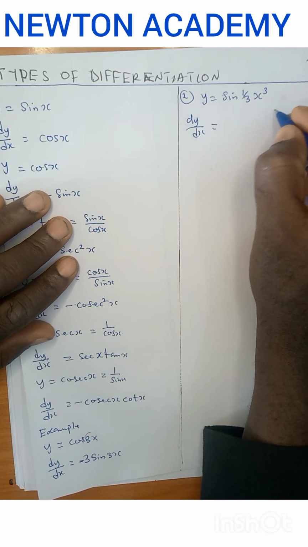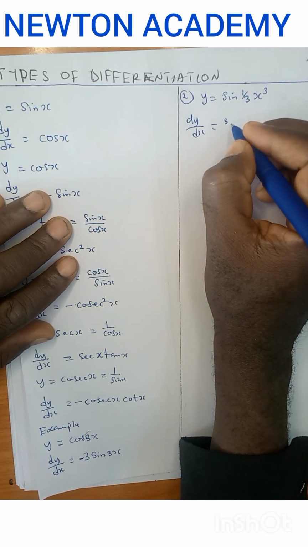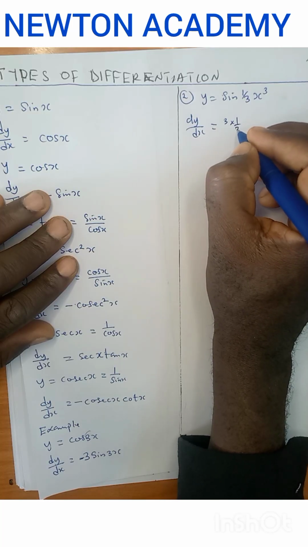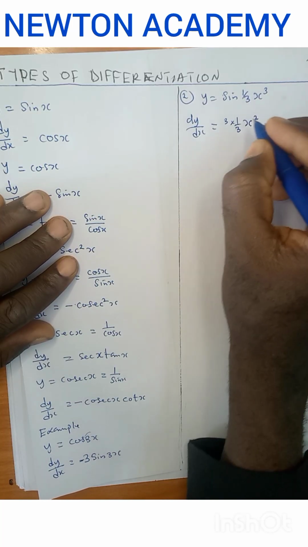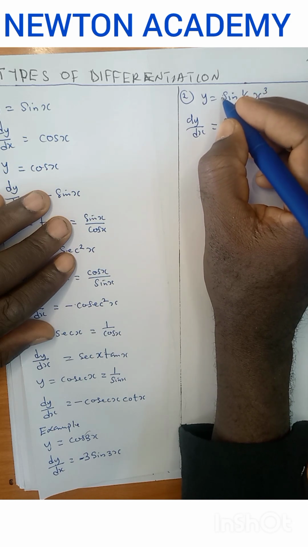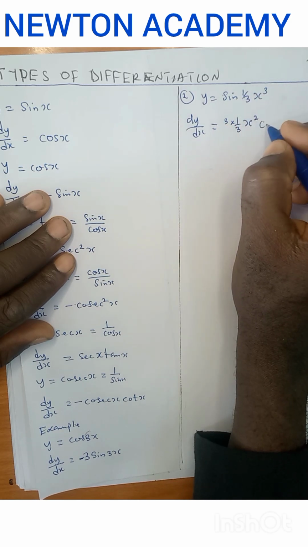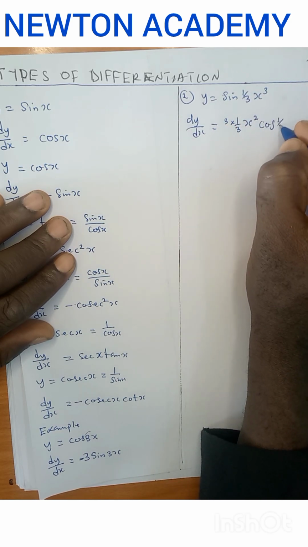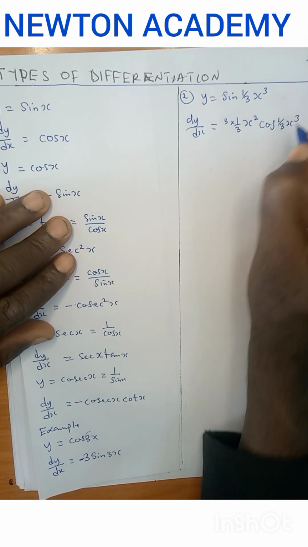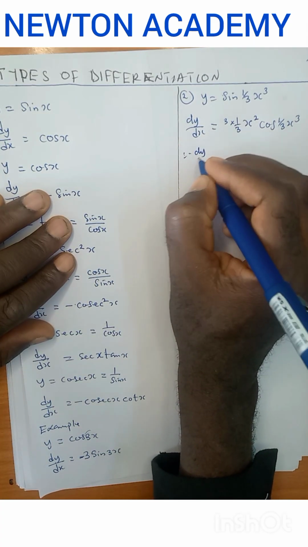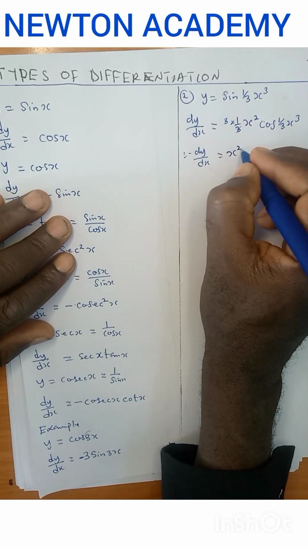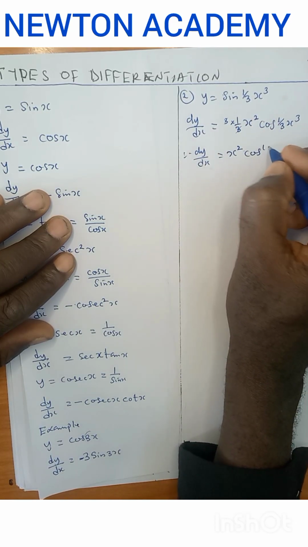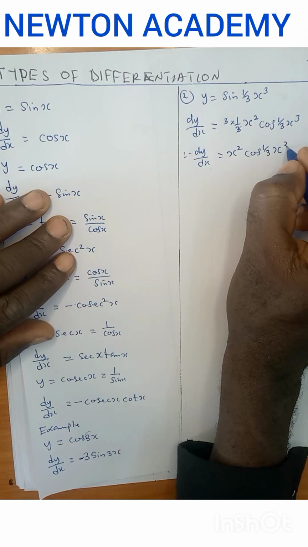This will be equal to 3 times 1 over 3x. Then you subtract 1 from the power, it will be 2. Then you differentiate the sine function, it will give us cos, then you rewrite 1 over 3x cubed. Therefore, dy/dx is equal to, this cancels this, we have x squared cos of 1 over 3x cubed.